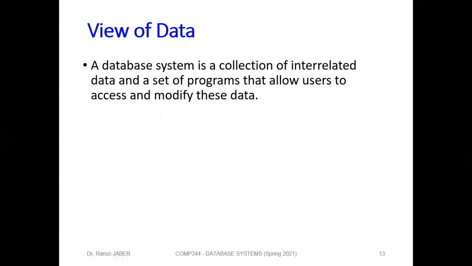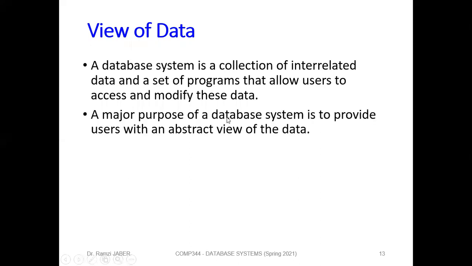Now, before we begin the example, we have a view of data. The database, another repetition here, is a collection of interrelated data and a set of programs that allow users to access and modify this data. A major purpose of a database system is to provide users with an abstract view of the data.